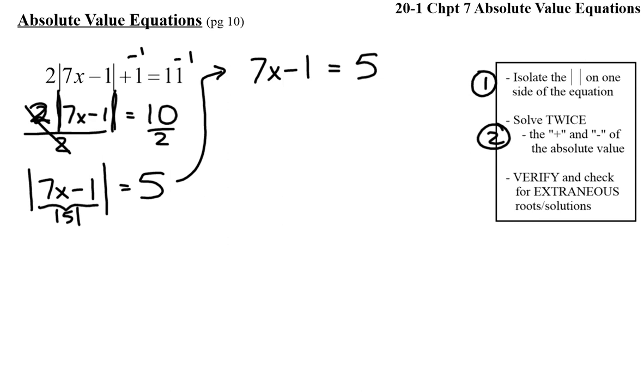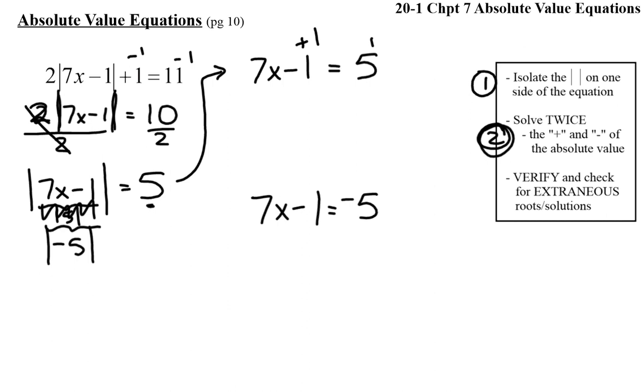We also realize, hopefully, that if 7x minus 1 had a value of negative 5, the absolute of negative 5 is still 5. So we would be okay if 7x minus 1 equaled negative 5. We need to identify the 2 situations, because one could be positive, one could be negative.